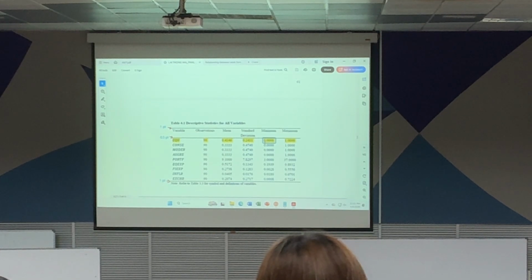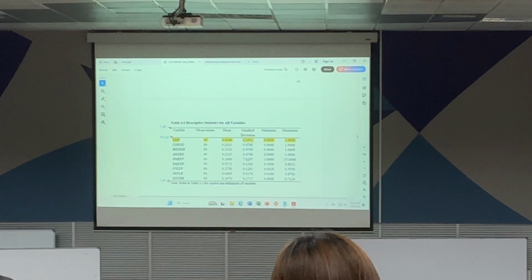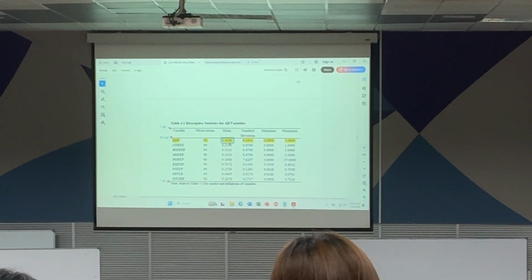So you are saying, on average, the firms are performing well in terms of profitability, because there are so many who are worse off. You understand? So normally, we base on the mean, then we look at minimum, maximum, and we see on average what is the situation for the majority of the sample firms.